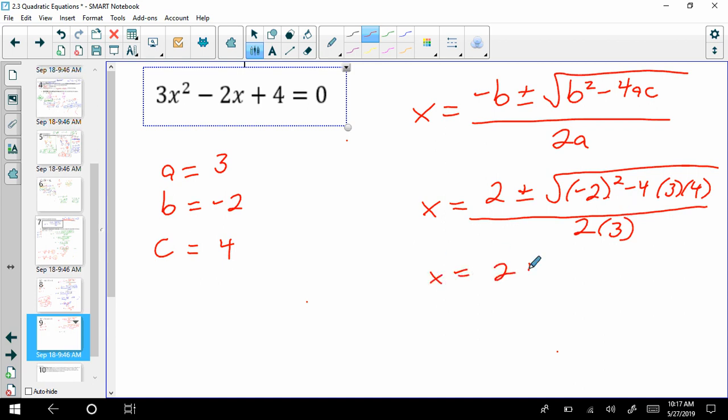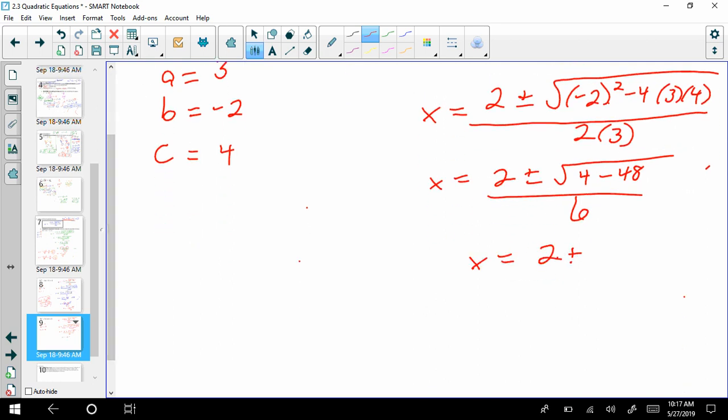And now let's simplify it. So negative 2 squared would be a positive 4. And then I want to do my multiplying on the back end. Negative 4 times 3 times 4 should get negative 48 over 6.